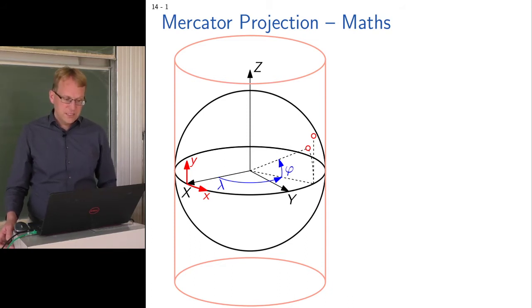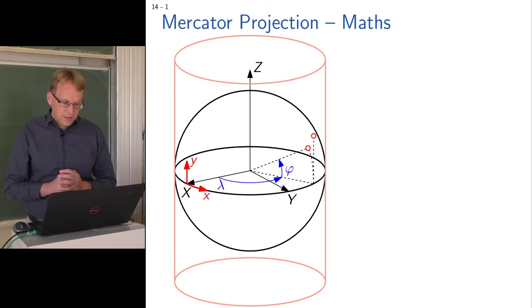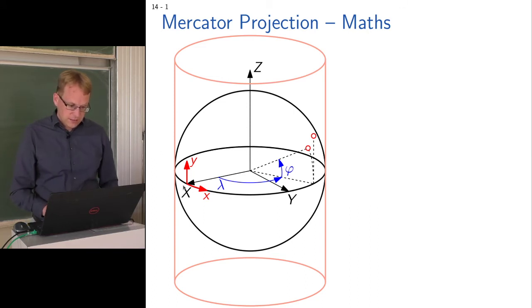What do we see here? Well, we see the Earth-centered three-dimensional coordinate system x, y, z, which I showed also in the very beginning today. Then you can see here the cylinder wrapped around this Earth, and on top of this cylinder you can see this projected coordinate system, small x, small y.